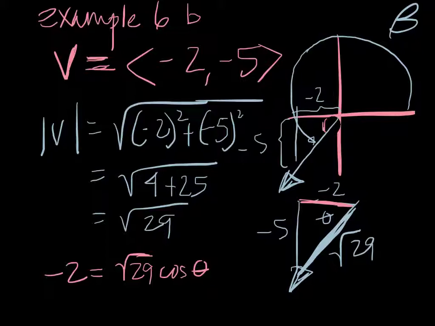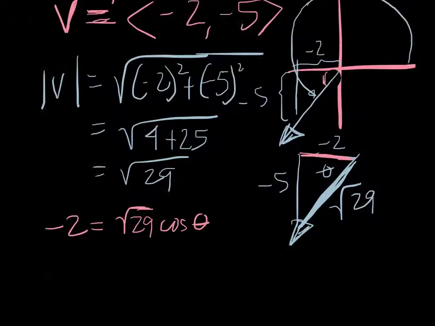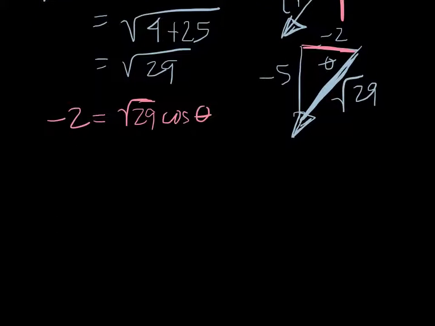Eventually we have to find the total direction, beta, but I want to find this small angle first. I'm going to divide both sides by the square root of 29, so -2 divided by the square root of 29 equals cosine theta.